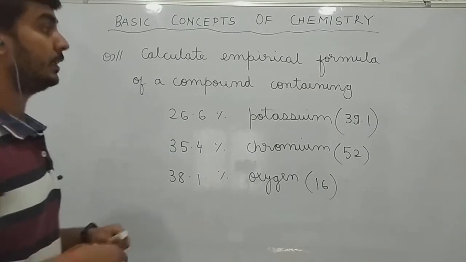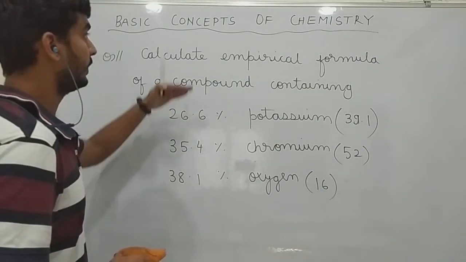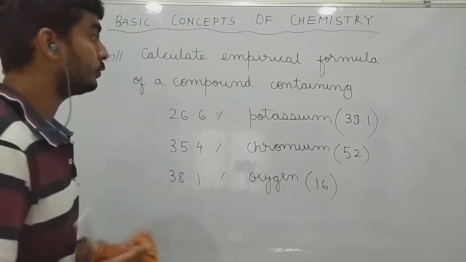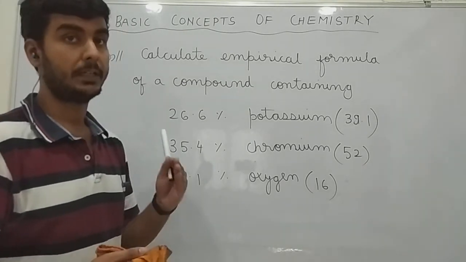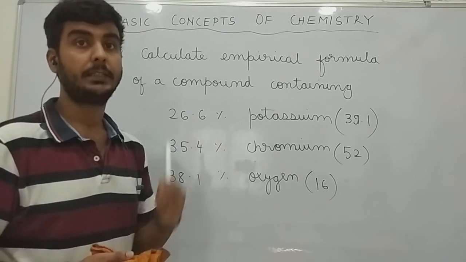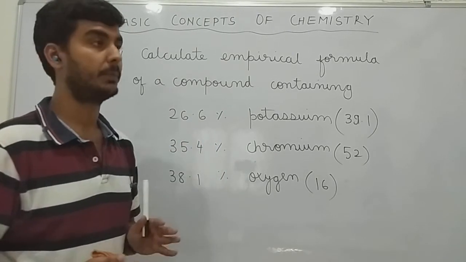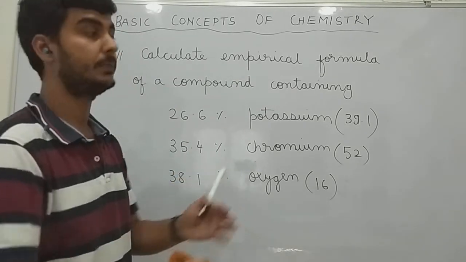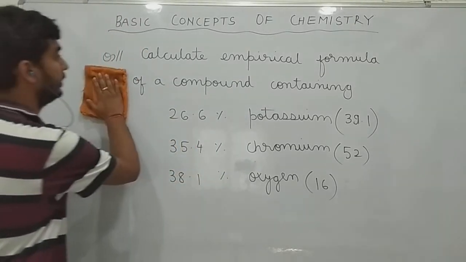So let us start the process to obtain the empirical formula. First we will divide the percentage of each element by its atomic mass. Let me solve this question in a tabular form so that it becomes clear to understand.